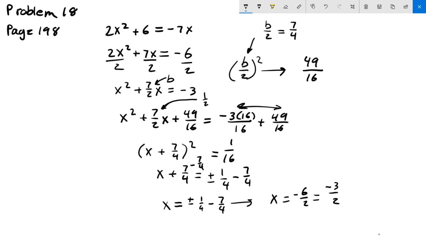And then for our other solution, we subtract 1 over 4 and add negative 7 over 4. We'll get negative 8 over 4, which is negative 2. So our two solutions are x equals negative 2, negative 3 over 2.